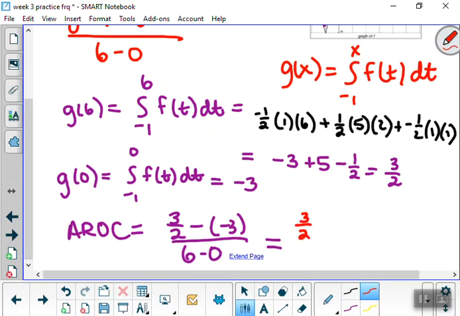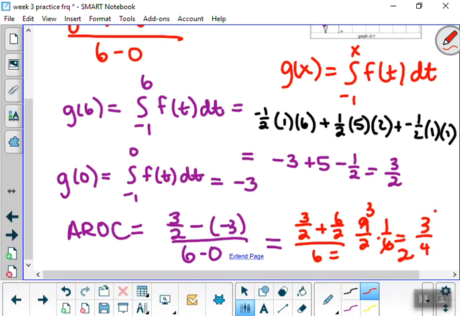But 3 halves plus 6 halves would be 9 halves, times 1/6. 3 goes in there 2, 3 goes in there 3. Final answer 3/4. 6 halves would be 9 halves over 6. 9 halves, 3 times 2, 3 times 3.